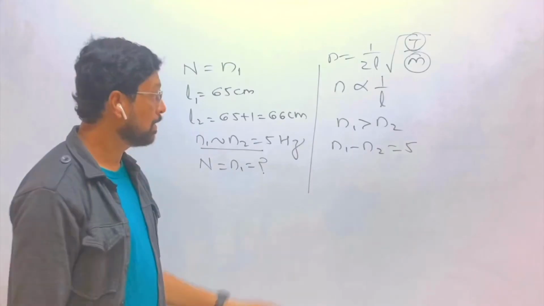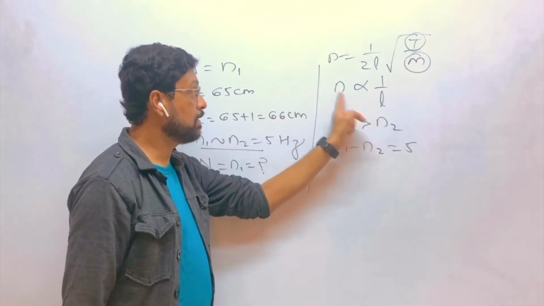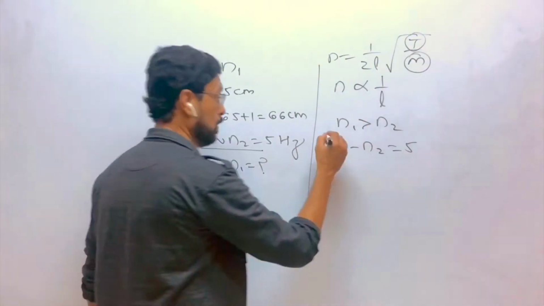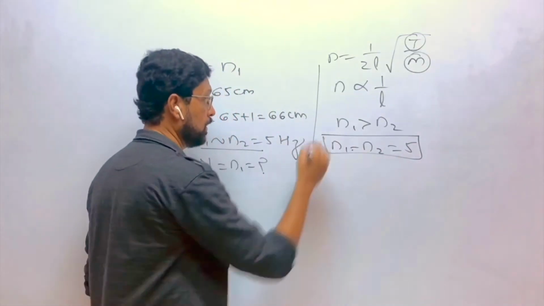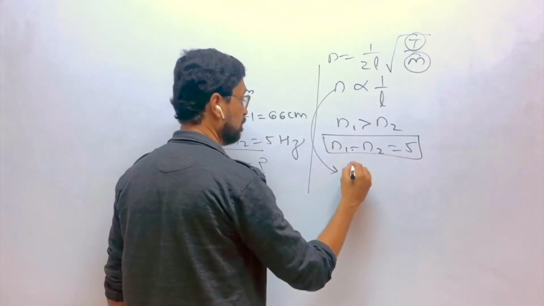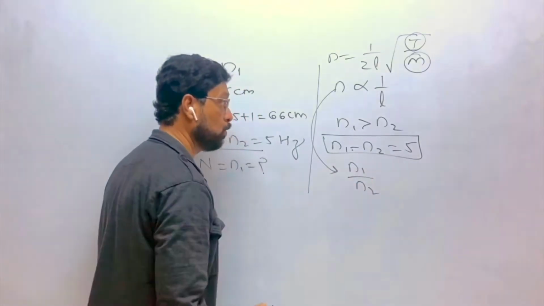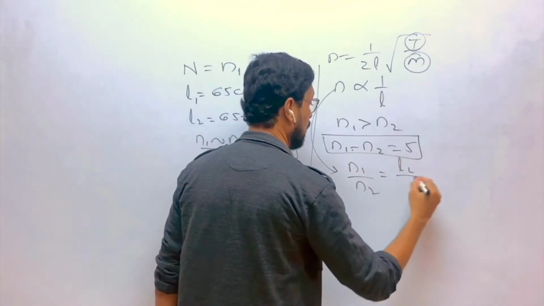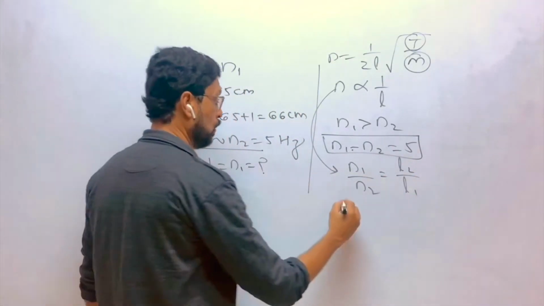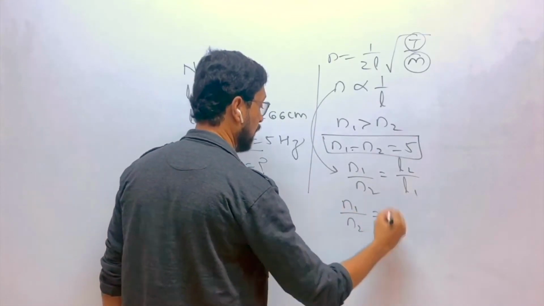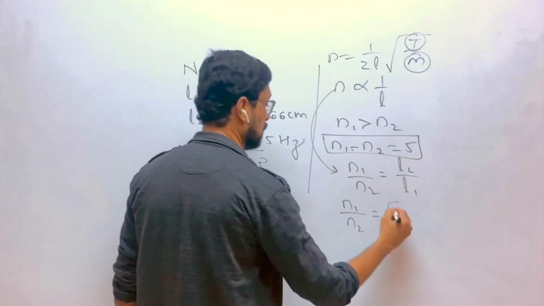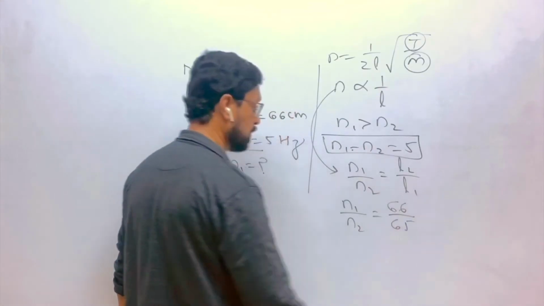Correct? Then, as N is inversely proportional to L, we got one relation here. From this you can say N1 upon N2 is equal to L2 upon L1. So N1 upon N2 is equal to 66 upon 65.